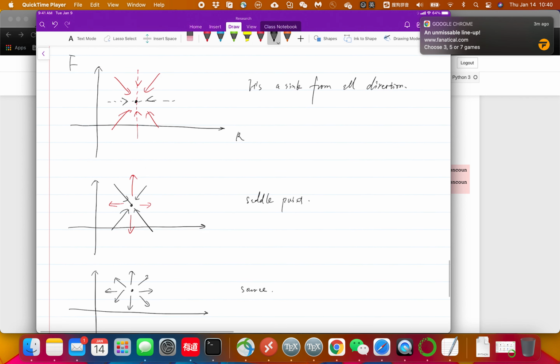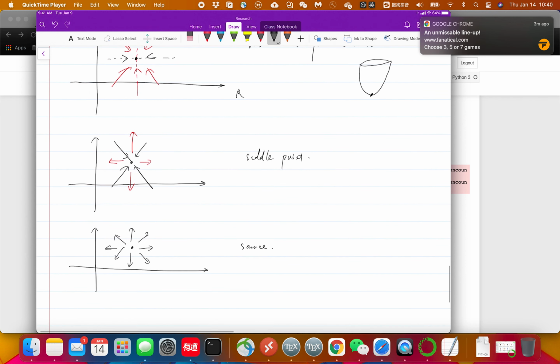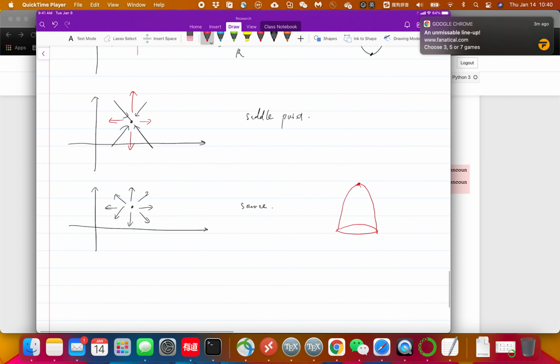That is, if you have a sink, it's almost like this part is actually my minimum. So if you put a ball here, no matter which wall you want to put this one on, it will always get attracted to the bottom. And for the source, it's almost like in Calculus 3, we have a local maximum. So if you put the ball here, it will stay there. If you move a little bit away from that, this will actually just go away.